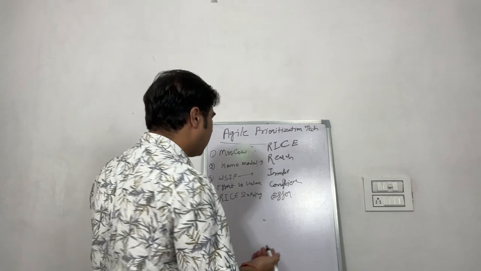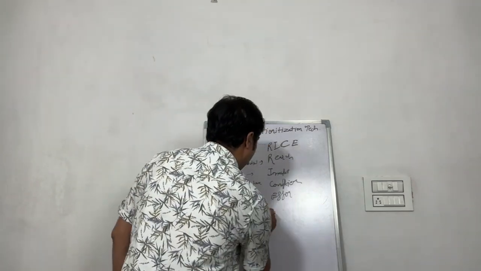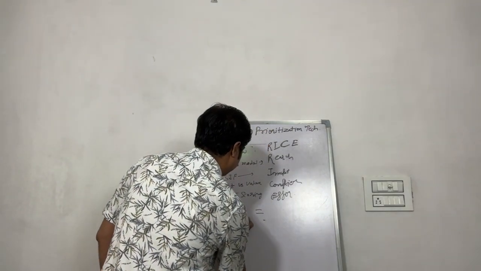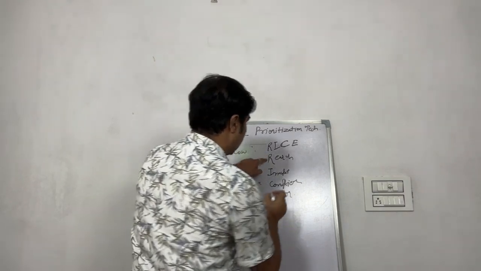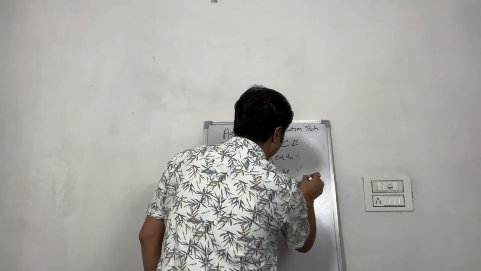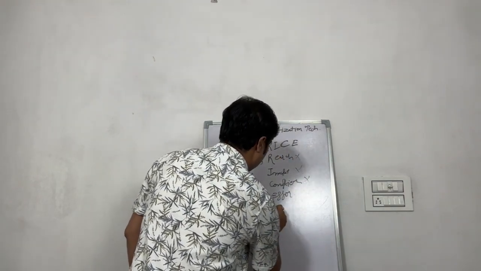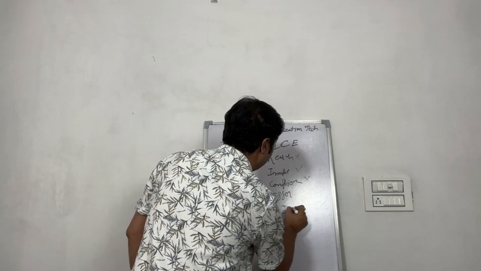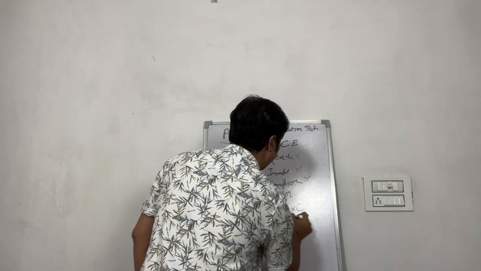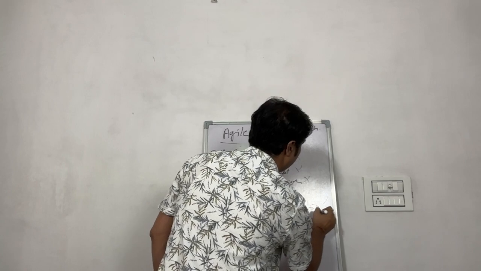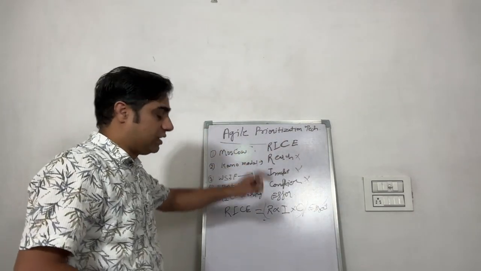Okay, what is the formula over here? So the formula is reach into impact into confidence, divide by efforts. Okay, so let's suppose reach.